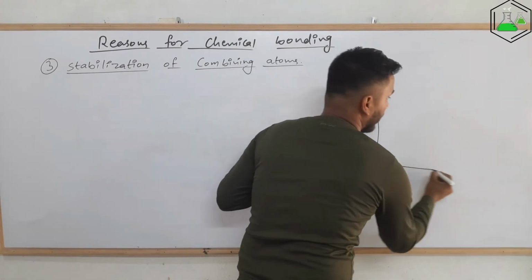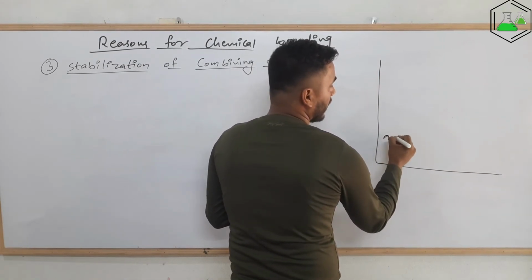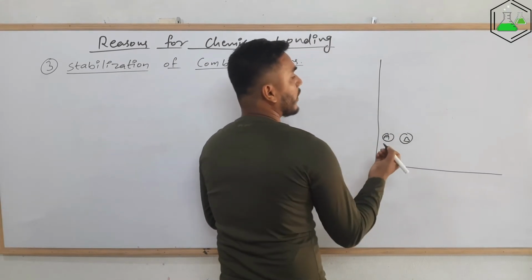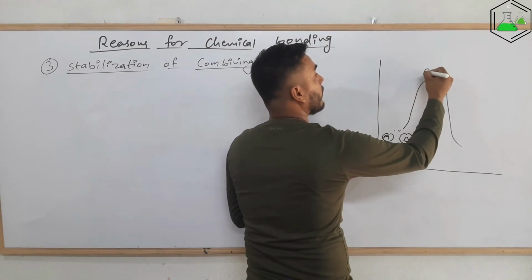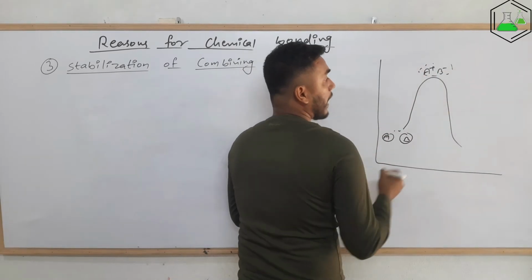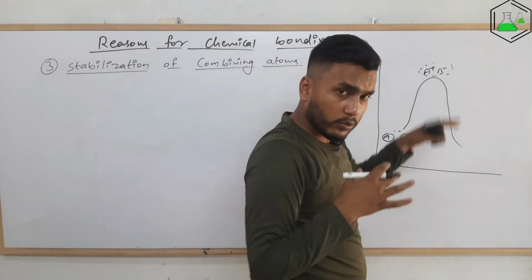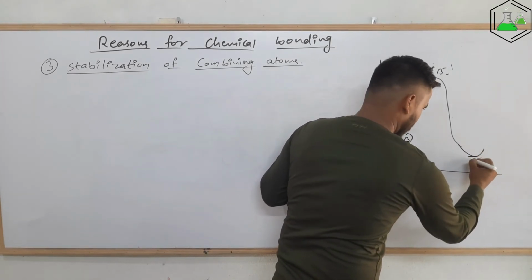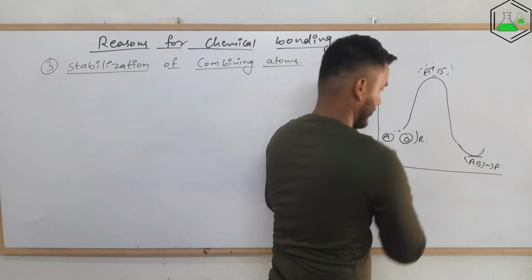Look here, in the energy profile diagram, the reactants are over here. Suppose A and B are different atoms, and they are trying to react. When they react, a transition product is formed, A plus B minus. This is the transition product, and it will have a lot of energy, higher energy, and they will lose some energy, and finally their energy will be very low, that is AB, the product, and this is the reactant.